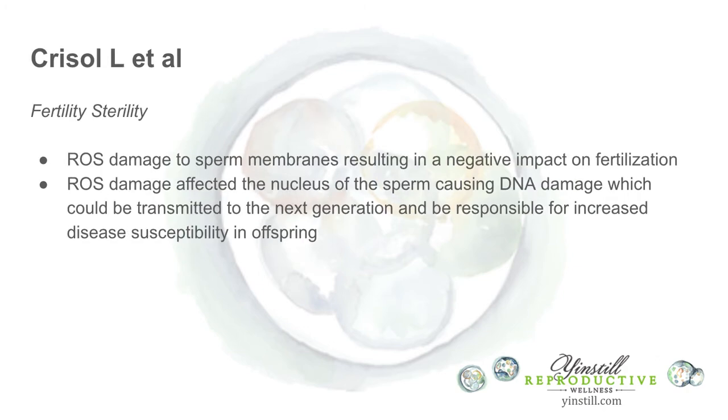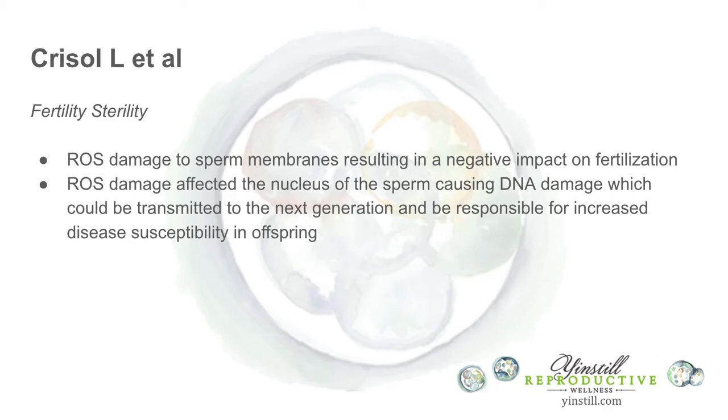Crystal L. et al. published a study in Fertility and Sterility confirming studies regarding ROS damage to sperm membranes, resulting in a negative impact on fertilization. They also found that ROS damage affected the nucleus of the sperm, causing DNA damage, which could be transmitted to the next generation and be responsible for increased disease and susceptibility in the offspring.